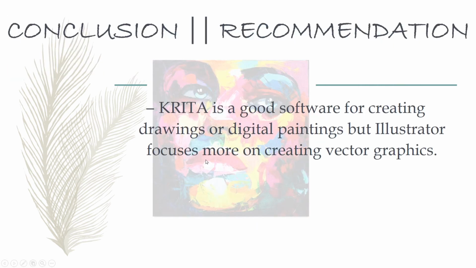So, in my conclusion, Krita is a good software for creating drawings or digital paintings, but Illustrator focuses more on creating vector graphics. Since I have time, I can show you some artworks from the website since I'm not very good at this kind of digital painting.